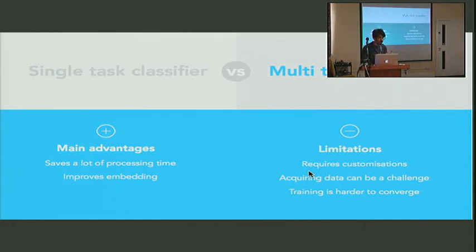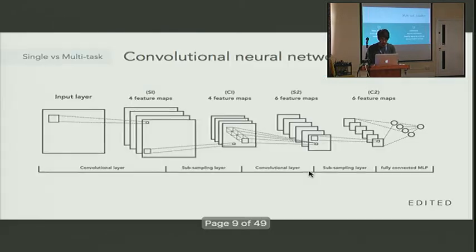And training is a little bit harder to converge. When you're doing it with one task, with these neural network architectures, it converges easily now. Nowadays it's easy to just plug your data in and retrain it. Usually it's all right, but with more than one task, sometimes it's a little bit shaky.